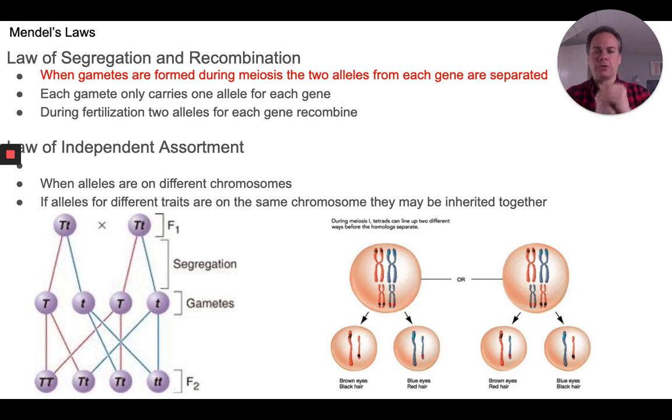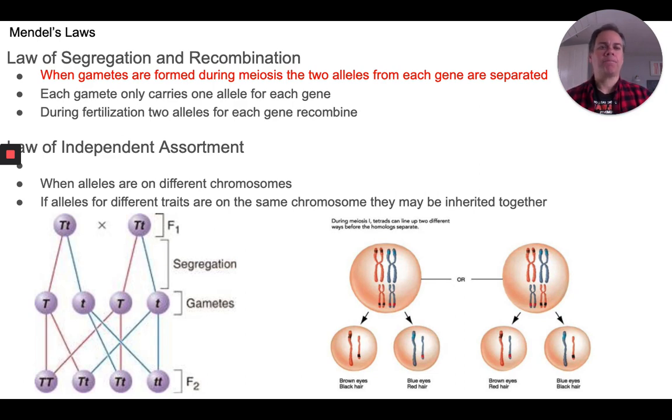Now those homologous chromosomes, this is an example here. So I have two homologous chromosomes. They're not identical, but during the first division of meiosis, they separate. That's the law of segregation, that this darker green marker will end up in one gamete, and this green marker with a different allele will end up in a different gamete. So they've separated, they've segregated.